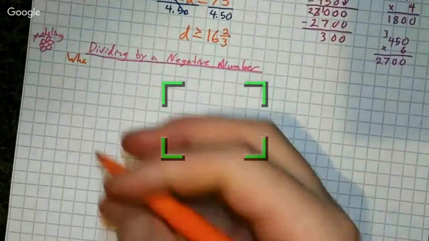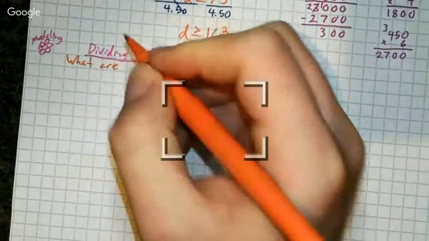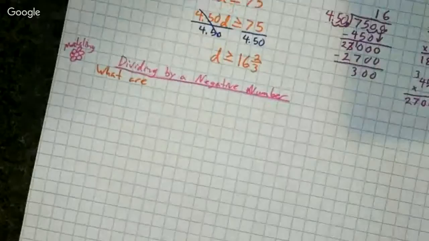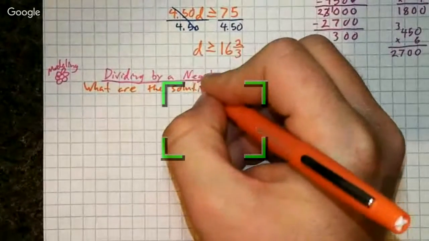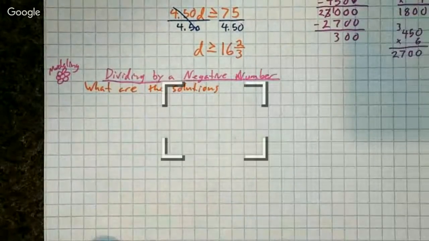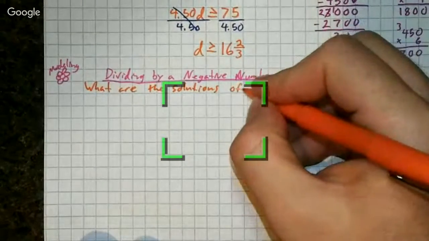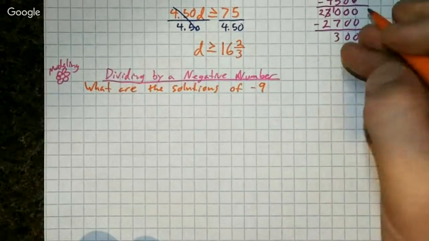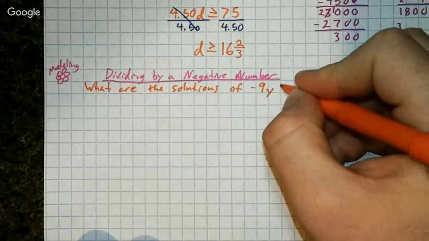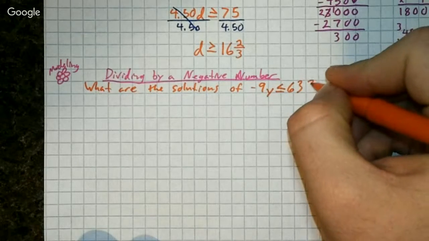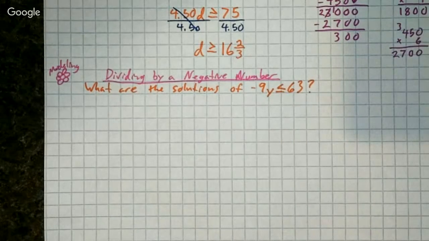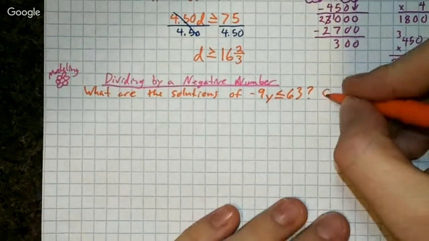And our question is going to be, what are the solutions of negative 9y is less than or equal to 63. And then we want to graph the solution.